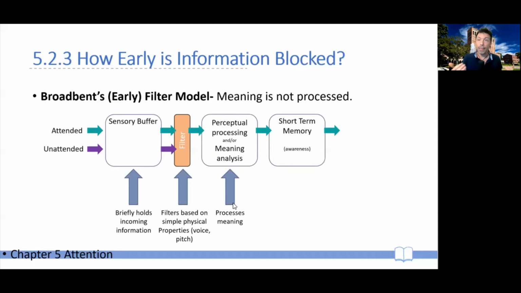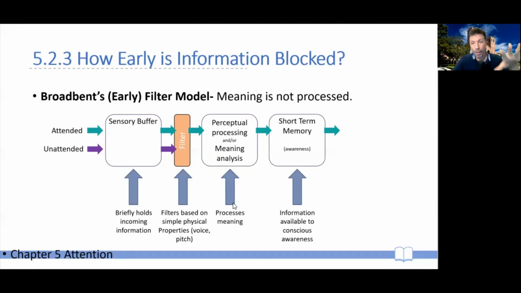So the information that is kept, you process that further, including its meaning, so the semantics, the content of the message. And then from there, the information gets fed to your short-term memory. Essentially, you become aware of this information. You can make use of and report this information, and you can use it for, say, responding or creating some behavioral response. Now, there are two key aspects to this model.